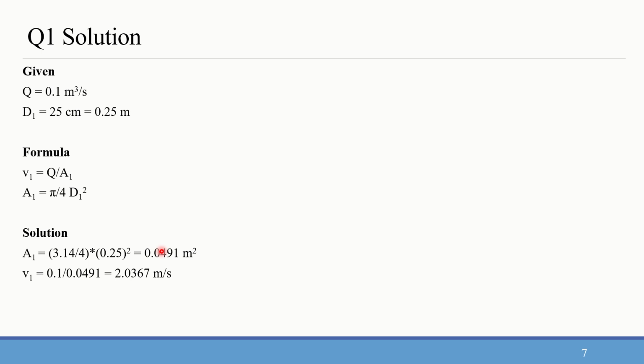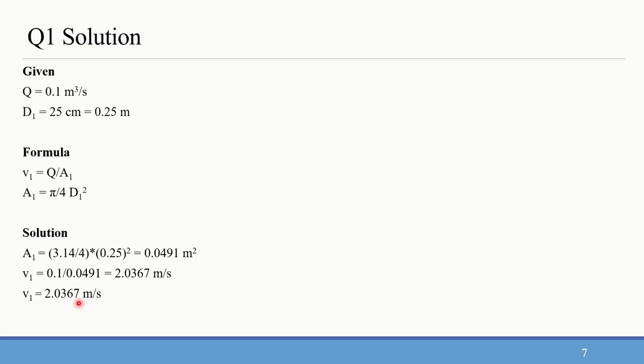That gives us 2.03 or 2.04 meter per second, whatever value we can use. So that is V1. This is how we calculate the velocity at the inlet, 2.0367 meter per second.